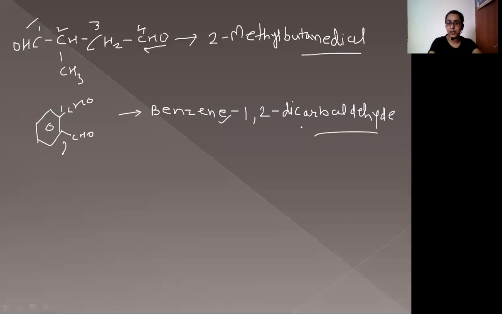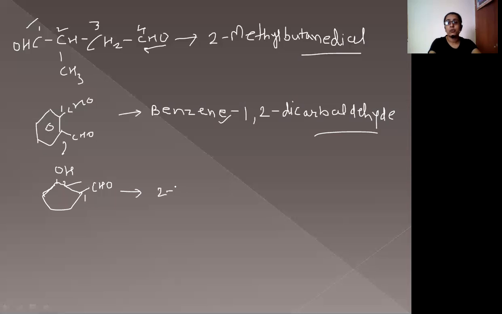Okay, I hope this much is clear. Dicarbaldehyde. So if we try to name this compound, what will it be? Here it is CHO and here it is OH. So whenever there is a ring, the carbon atom which is attached to the CHO group should always get number 1 and this is your number 2, right?